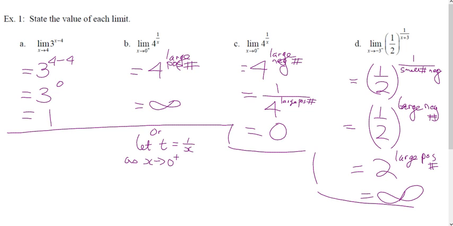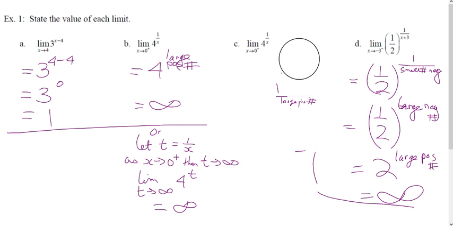If we take x down small, then t goes to positive infinity. And then what we're looking at now is the limit as t approaches infinity of 4 to the power of t, which anybody looking at that would say, well, obviously that's infinity, right? Which is equal to infinity.